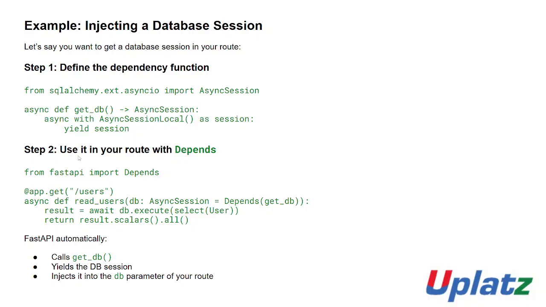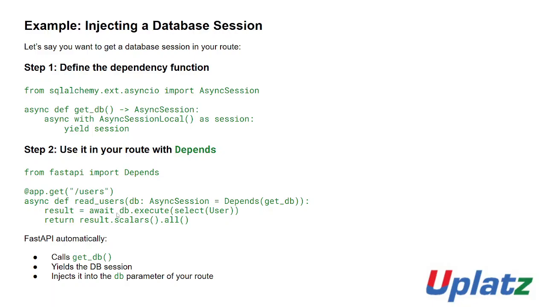Step 2, use it in your route with Depends. From fastapi import Depends. @app.get("/users"). So this is the get endpoint. async def read_users(db: AsyncSession = Depends(get_db)). This is how dependency injection is used.